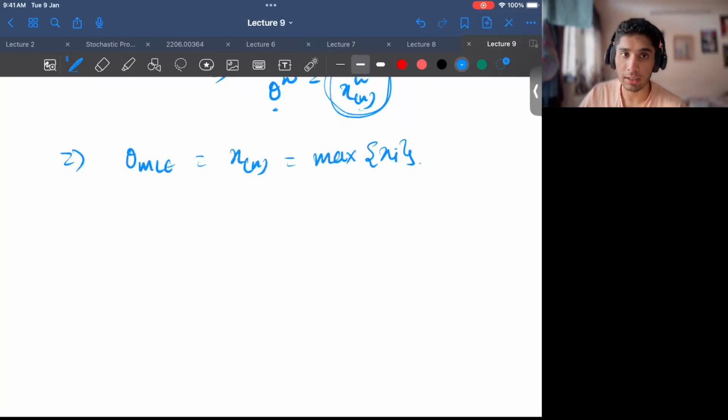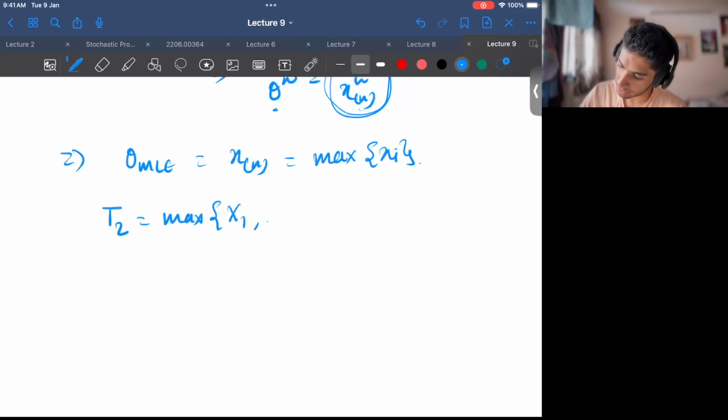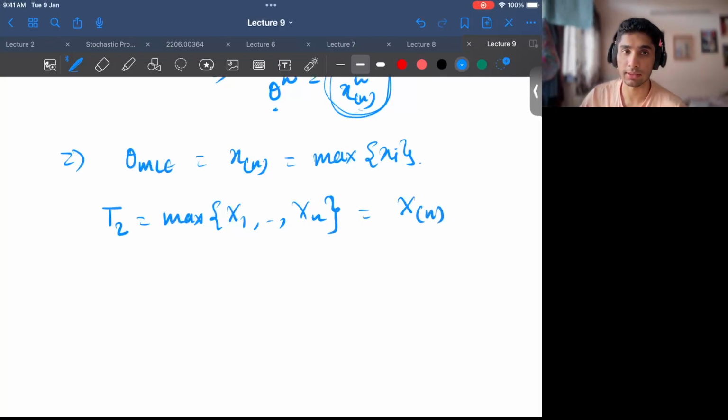So basically your T2 function, T2, is basically the max of x1 till xn, and we can denote this by x sub n.